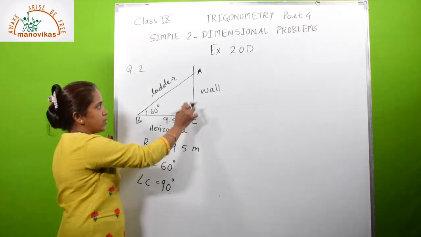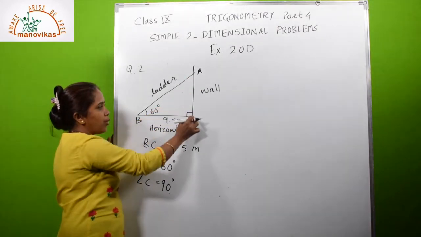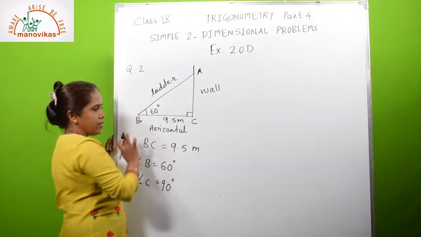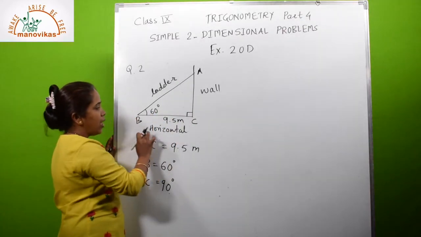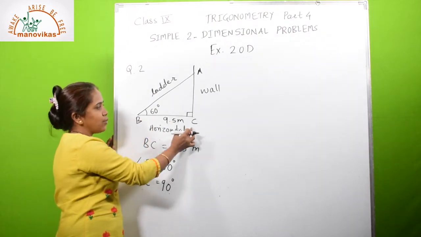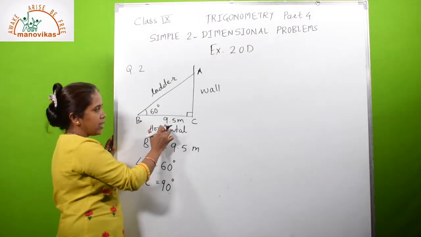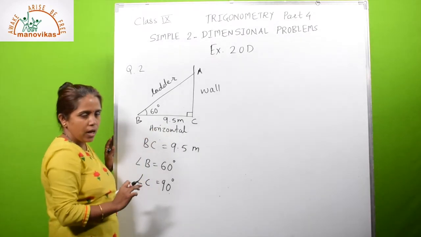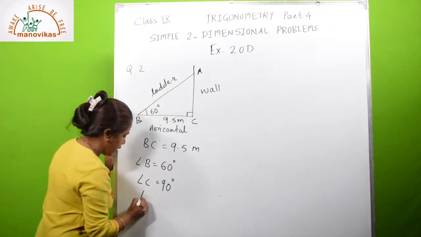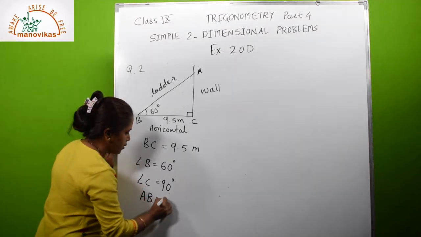The wall, that is the top of the ladder A from the horizontal plane, that distance is AC. AB is the ladder and B is the foot of the ladder, and the distance of point B from C is given as 9.5 meter. Now what do we have to find? We have to find the length of the ladder, that is the AB distance.